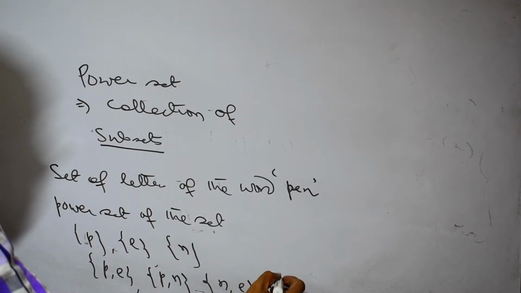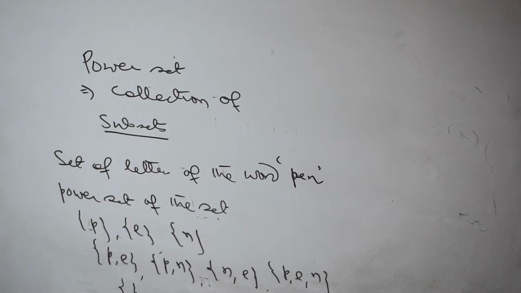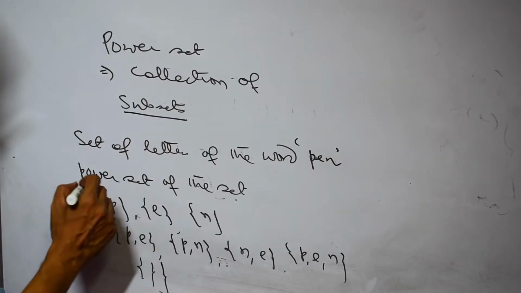And now we will write PEN also, and also the null set, which can be represented as the empty set or phi. If I take all these together, this is the power set.